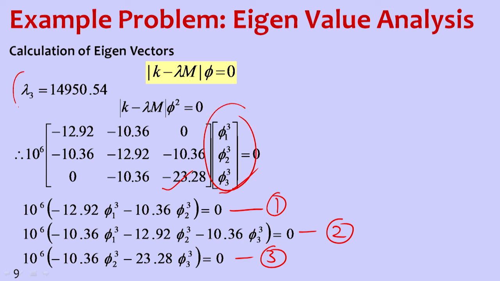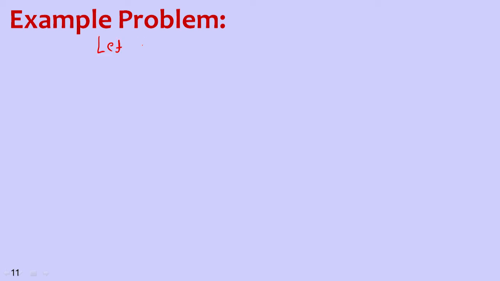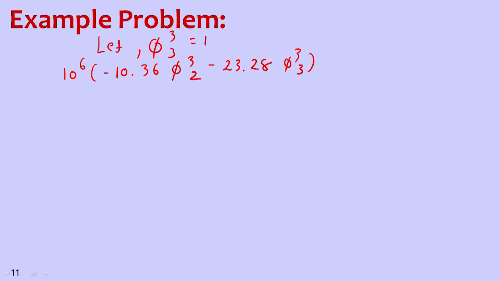This time we assume alpha 3 as 1 and rewrite the third equation: 10.36 532 minus 23.28 533 is equal to 0. This was my third equation.